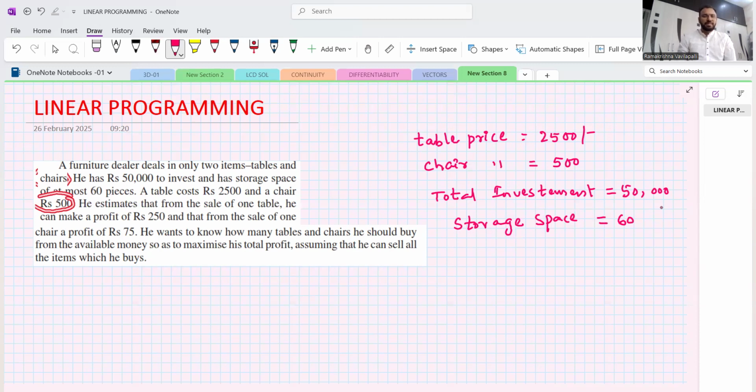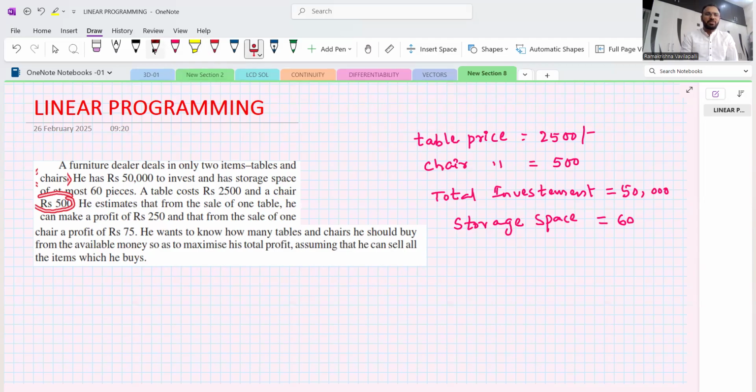Now, if you sell a table, you will get a profit of 250 rupees. If you sell a chair, then you will get 75 rupees profit.